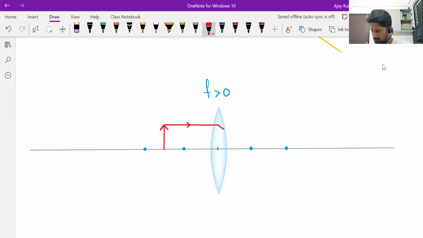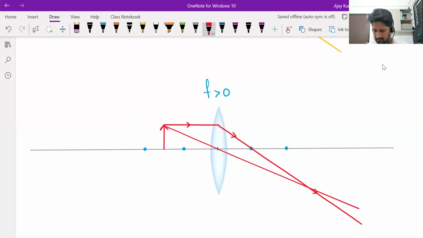Okay, not once, you should be able to do it any number of times. You have to practice it so that you can draw the ray diagrams very easily. Other ray will pass like this. And where are they meeting? They are meeting beyond 2f. So if object is between f and 2f, image forms beyond 2f. This is also an inverted image.